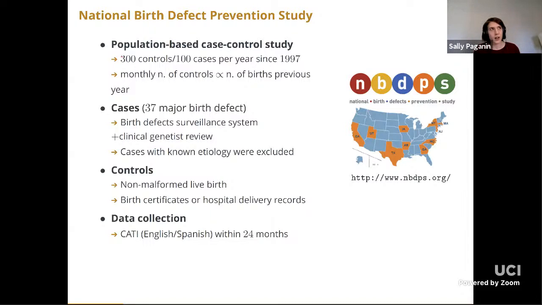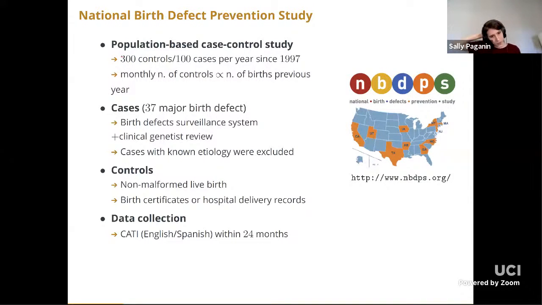Data is collected via telephone interviews, where the mothers are asked many questions, like what they were eating during pregnancy, what they were doing, all the possible habits that can have some meaning.